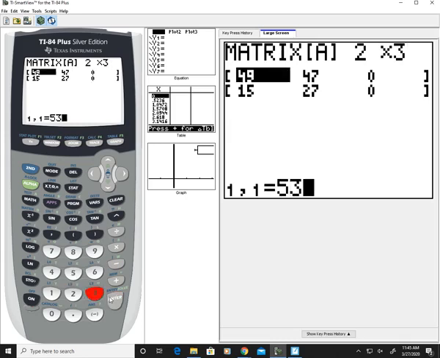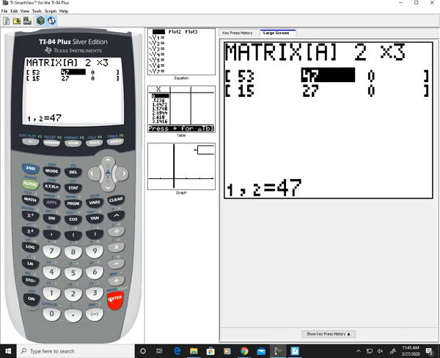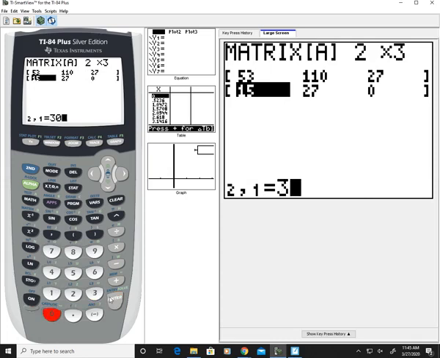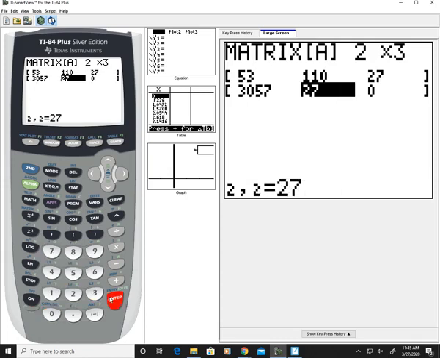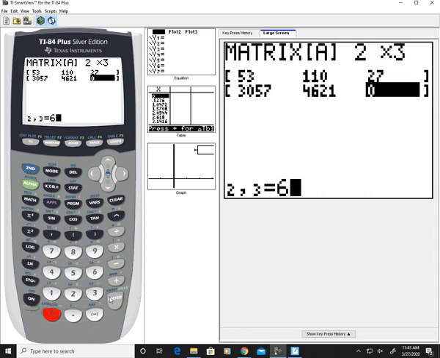So 53. If you enter those in the wrong order, you'll know it right away because it won't match what you're trying to enter. So just try it, and if it doesn't match, change it. Make sure you hit enter after that last number, and I did.